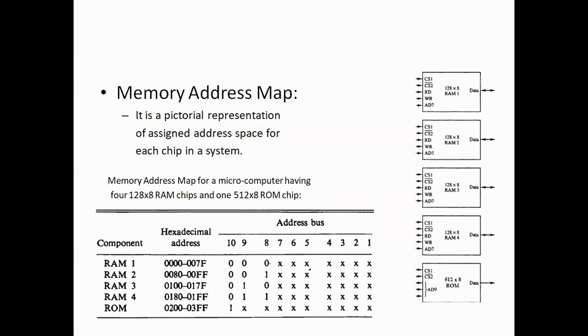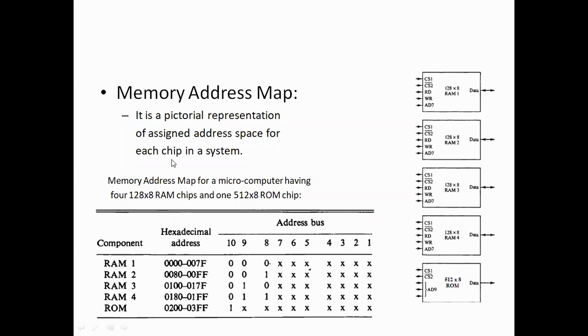So if there are many chips in a computer, we just summarize things. What is the address space? How many addresses, and from which range to which range each chip will have. If we write this in a tabular form or a pictorial form, that is called a memory address map. So it is the mapping of addresses, that is why it is called a memory address map.